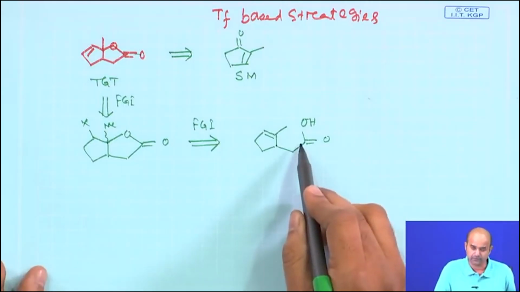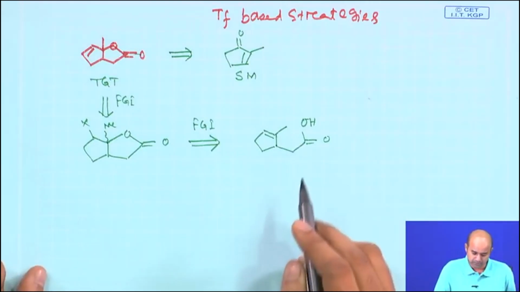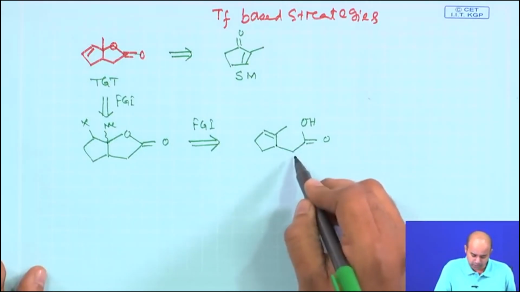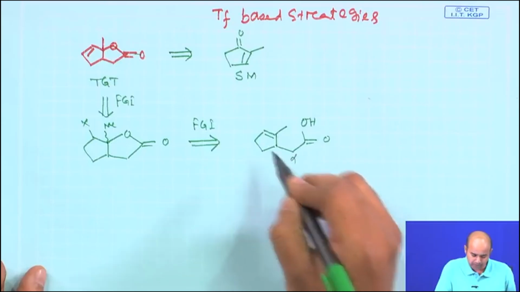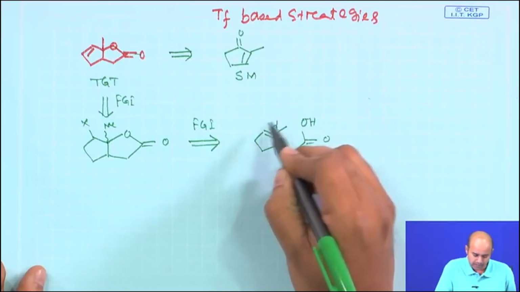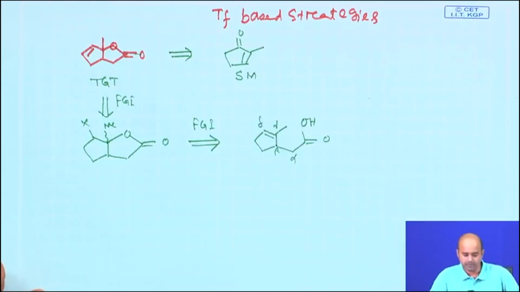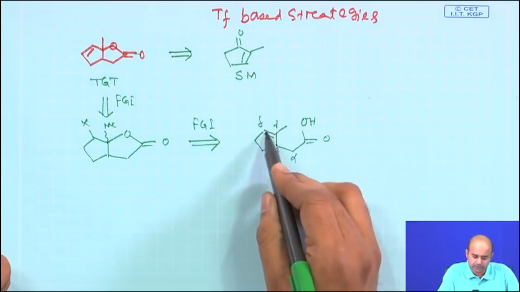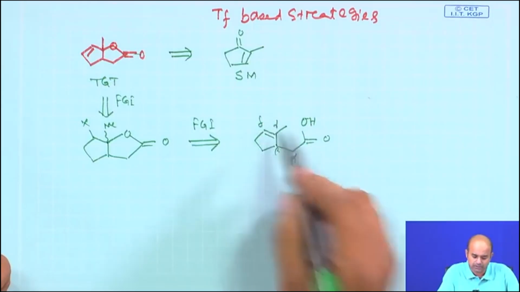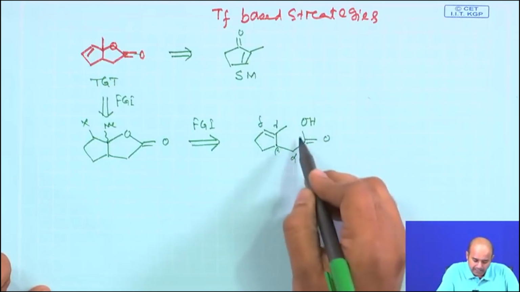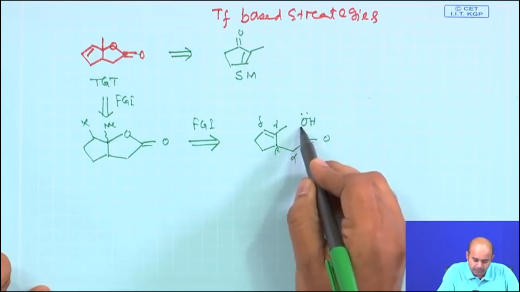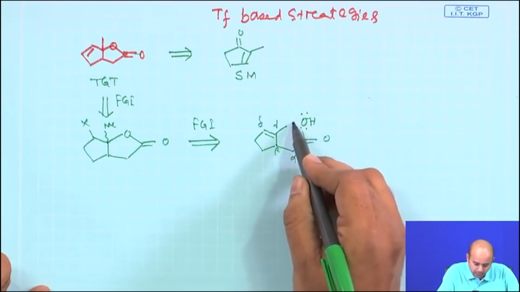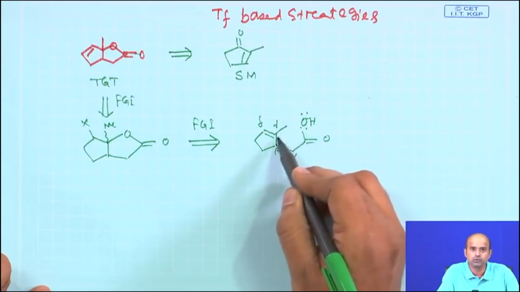Now, if you have this acid, what kind of acid is it? If you try to give the nomenclature, alpha, beta, gamma, delta. This is basically a gamma, delta unsaturated acid. Now, you will be doing an iodolactonization reaction, and then the OH of this carboxylic acid will do this ring closing to give you a lactone.